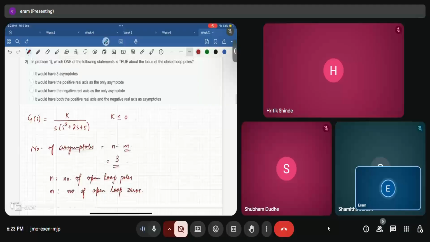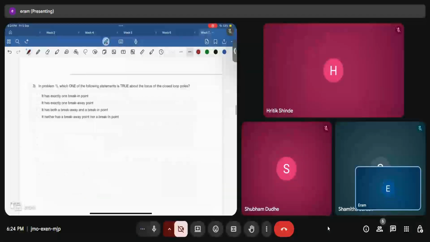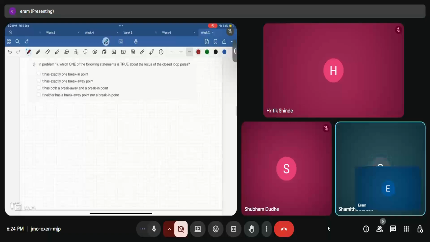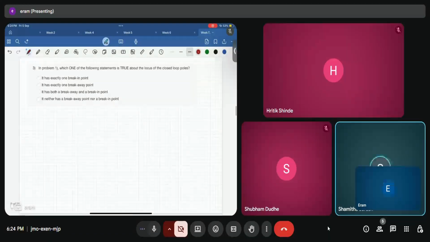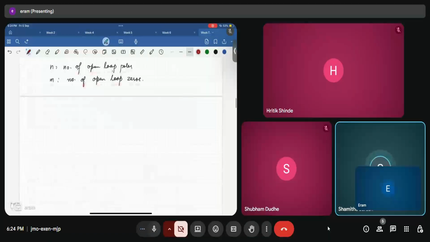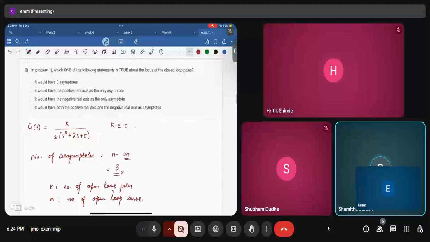The correct answer in this case is that it has three asymptotes, which is very clear. Ma'am, how is the number of open loop zeros m?